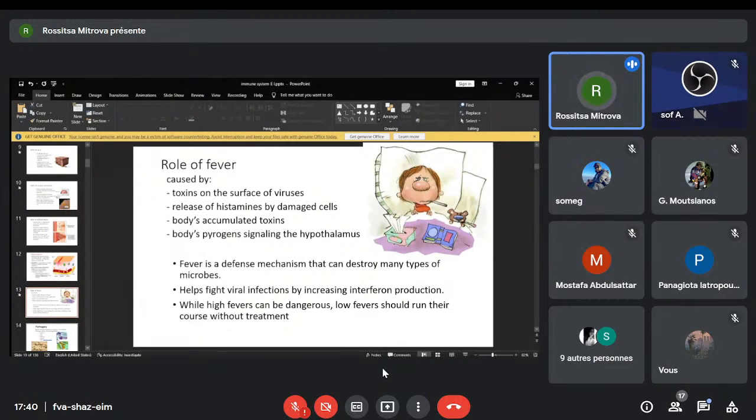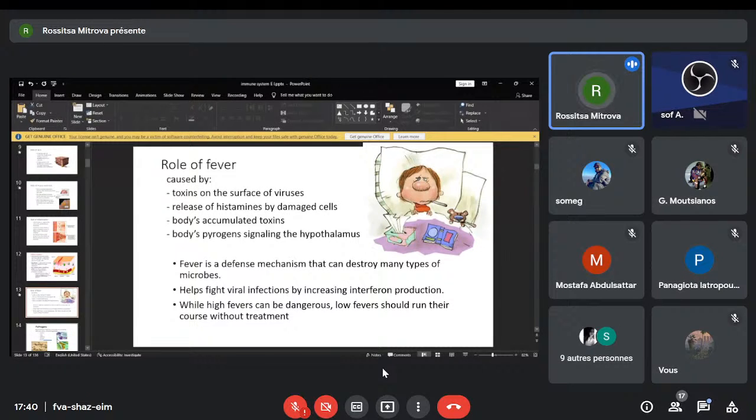The role of fever. Fever is caused by toxins on the surface of viruses, or the release of histamines by the damaged cells, by the accumulated toxins in the body, and the body pyrogens that signal the hypothalamus. Fever is a defense mechanism that can destroy many types of microbes and helps the fight against viral infections by increasing interferon production.